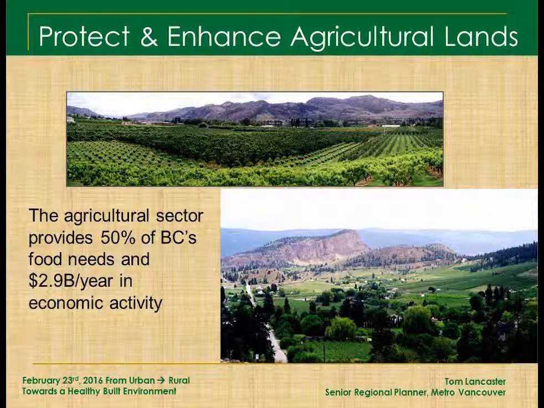Protecting and enhancing agricultural lands in the rural areas, in British Columbia cannot focus on this enough. These are older stats. I tried to update them yesterday at about 2:30 in the morning. I guess that was today. But there's not a lot of information on the Agricultural Land Commission's website. But those figures there, the $2.9 billion a year in economic activity, those are about 2 years old.